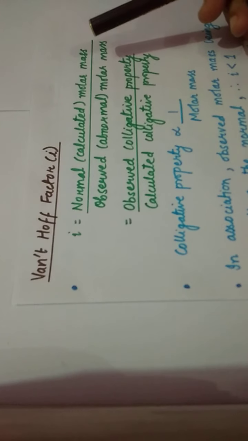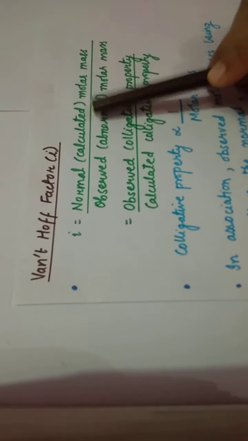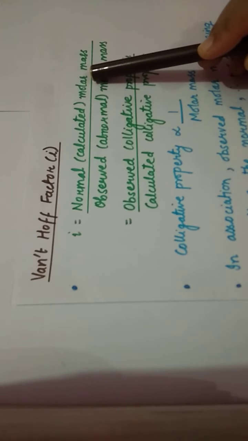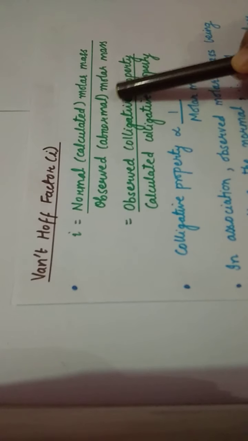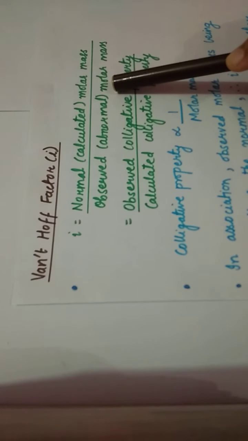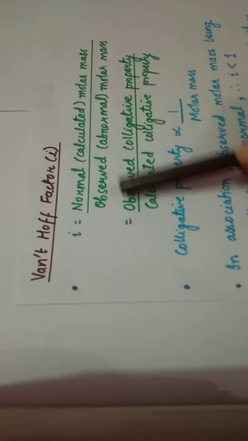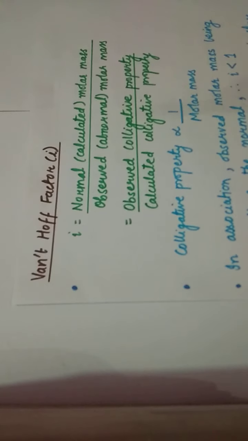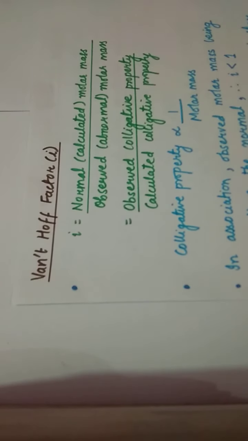The term coming in the numerator is the normal molar mass or calculated molar mass, actual molar mass, and it is divided by the observed or abnormal molar mass, that is, the molar mass which is coming after association or dissociation. So normal molar mass upon observed molar mass, or calculated molar mass upon abnormal molar mass.